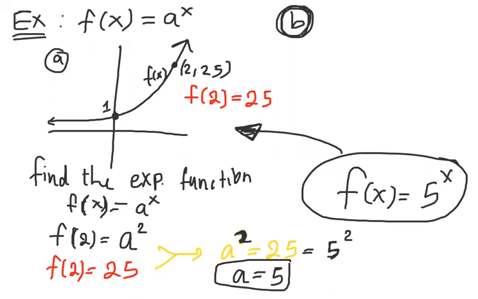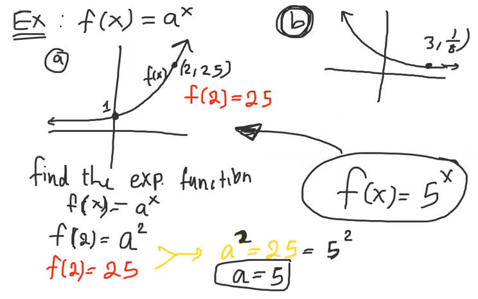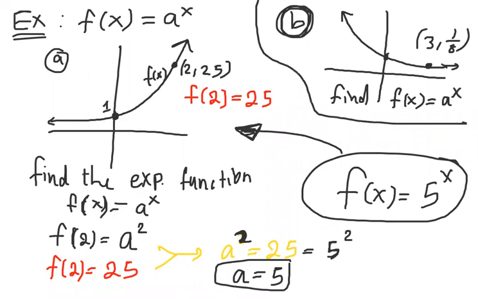The question is, if I have a graph that looks like this, and the point is (3, 1/8). Find f of x equals a to the x. This is for you. You use the same steps to find f of x equals a to the x.